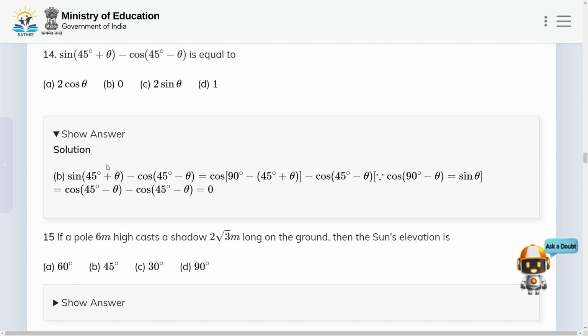Okay, and this is equal to cos of (45 degree minus theta) minus cos of (45 degree minus theta). Okay, so here it will be sine of (90 degree minus theta), 90 degree minus 45 degree plus theta. Okay, and by using this formula, cos of (90 degree minus theta) is equal to sin theta, and sine of (90 degree minus theta) is equal to cos theta.